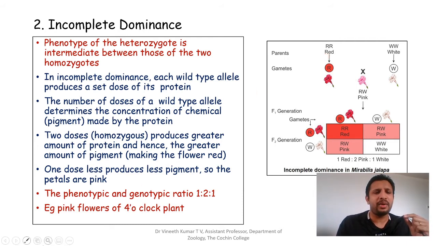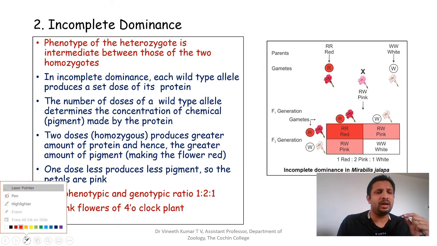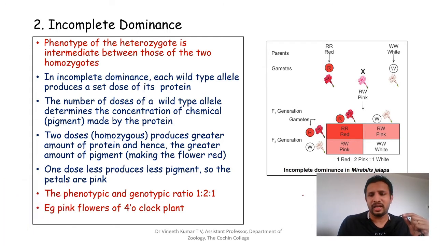So in allelic interactions, you can mark it in another form. Both can be represented as capital R itself, as there is no dominant and recessive relationship. So both the red and white allele can be taken as capital R.